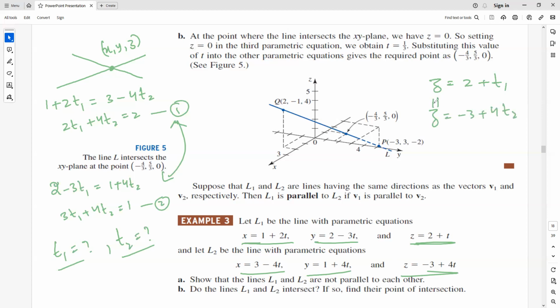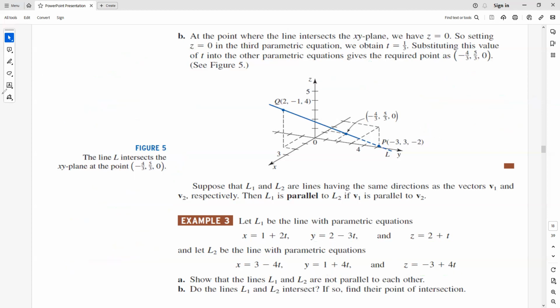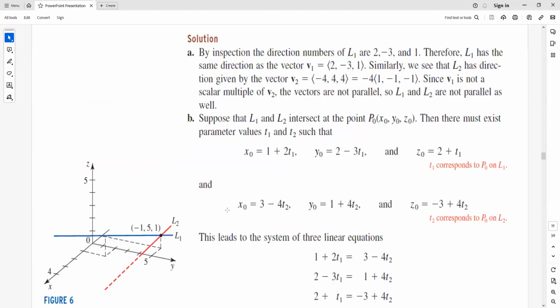Now if these two are equal, the values that I get here, then I can say that the lines are intersecting, because now we have the common point x, y, and z, right? But if these two are not equal, then we can say that the lines do not intersect. So this is how you can show it.